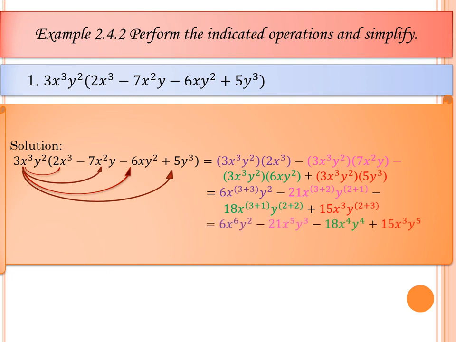For the last step, we simply add the expressions in their exponents, no? So, we will have 6x to the power of 6 y squared minus 21x to the power of 5 y cubed minus 18x to the power of 4 y to the power of 4 plus 15x cubed y to the power of 5. Okay?